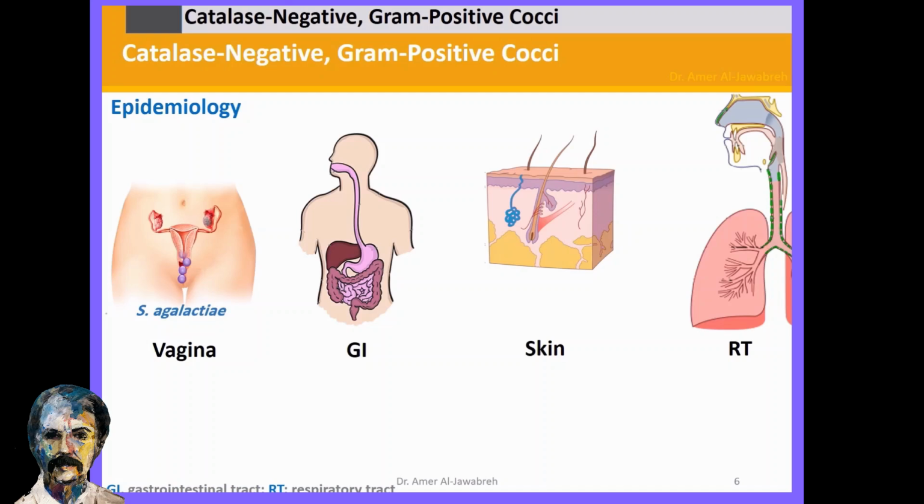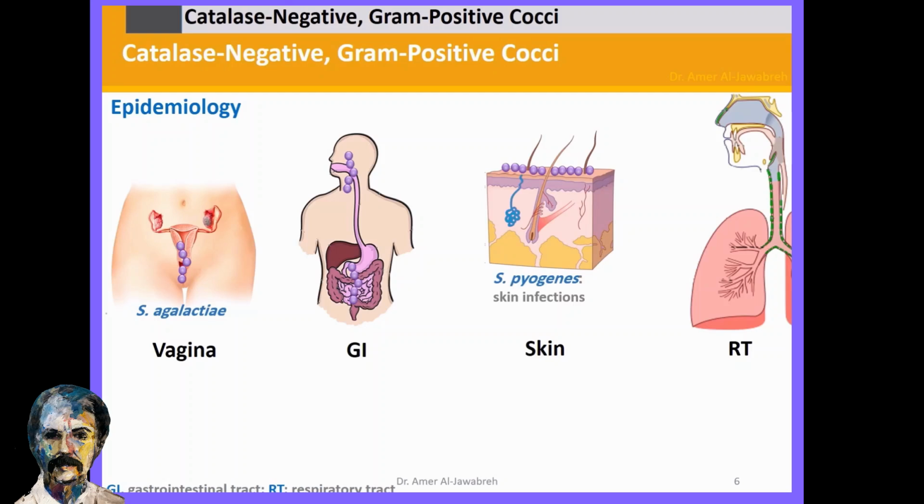GI tract, gastrointestinal, upper and lower. You see upper, look here, upper in the pharynx or the nasopharynx cavity, or in your intestine, upper and lower. Skin, S. pyogenes, skin infections. We will talk about the skin diseases caused by Strep pyogenes.